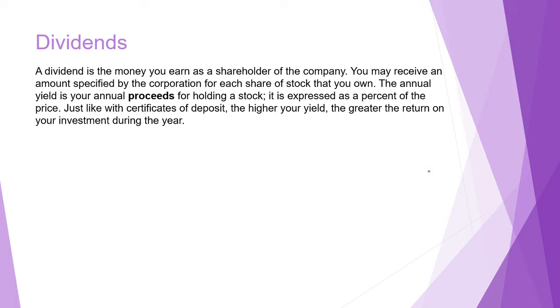So the higher your yield, so percentage wise, the more the amount of your return will be. So if a company or corporation earns a profit, they may pay shareholders part of that profit. So that's dividend.